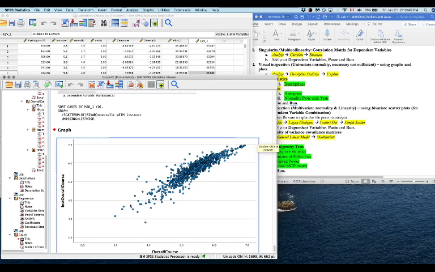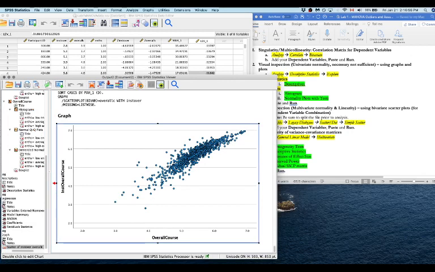Again, it's not too terrible, but based on this, I would say that it's non-normal. Once you take those outliers out, it might look different, and we'll see.